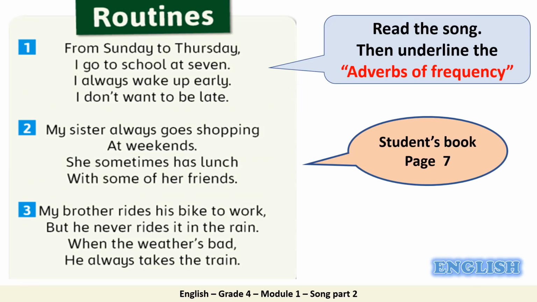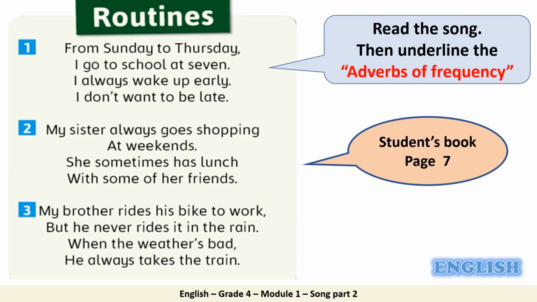Now, we have learned all about the adverbs of frequency, which are always, usually, sometimes, and never. So, I want you to pause the video and open your Student's Book page 7 to read the song, then underline the adverbs of frequency.